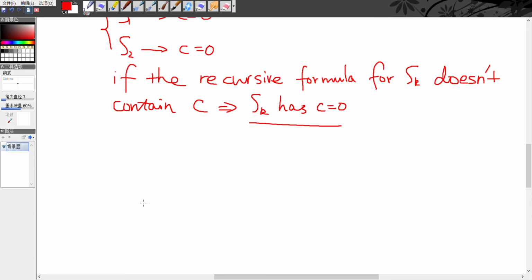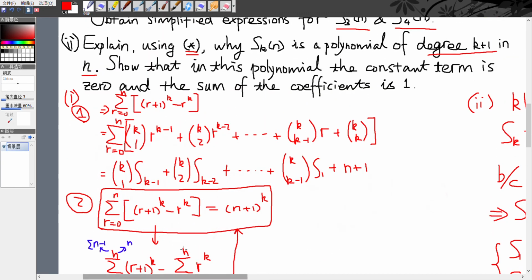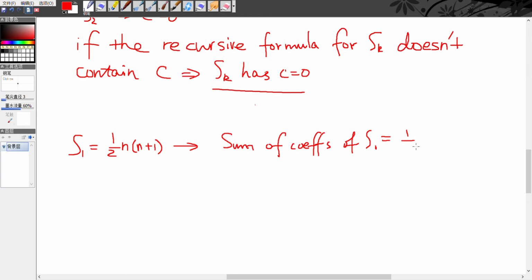So let's get into the induction hypothesis. Firstly, I think we should do the base case, but the base case is rather simple because S1 is equal to 1 over 2 times n times n plus 1, which shows that the sum of the coefficients of S1 is just equal to 1 over 2 plus 1 over 2, which is just 1.